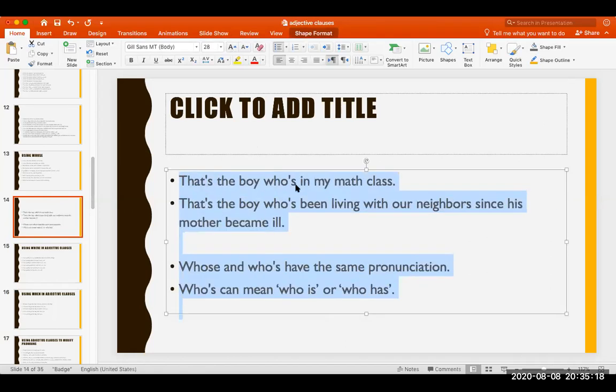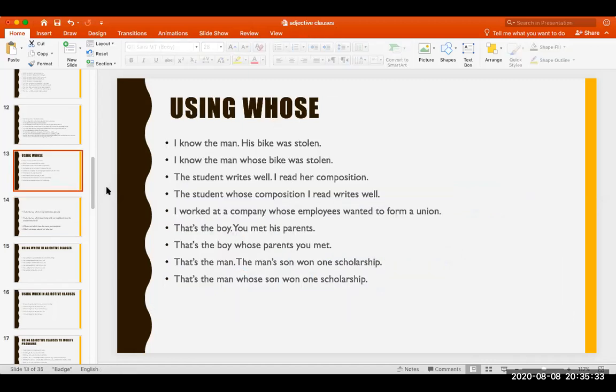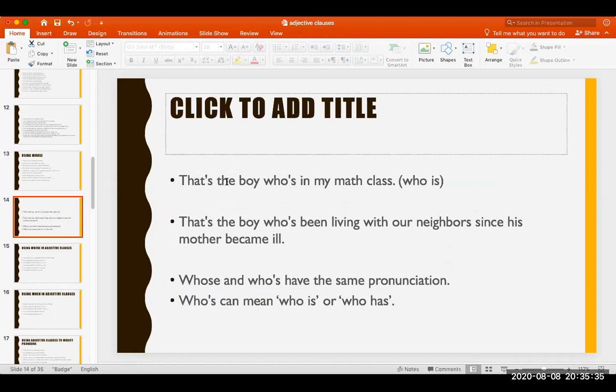If you say, that's the boy who is in my class, this is originally, that's the boy who plus is. Who is, it's different. This is subject who, that's whose. This, by the way, has the same pronunciation. That's the boy who's in my class.